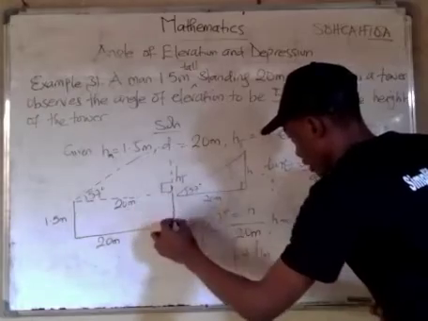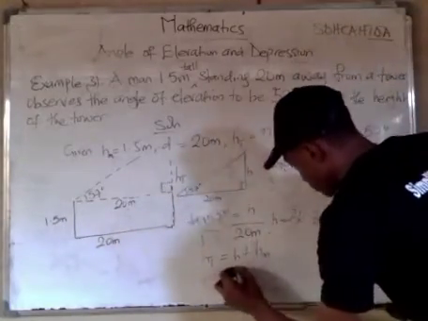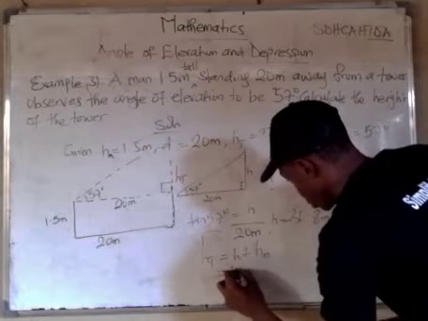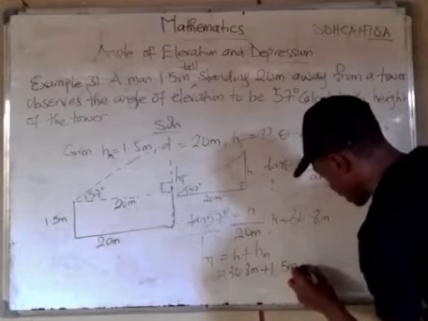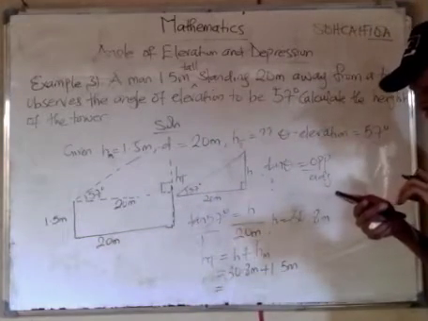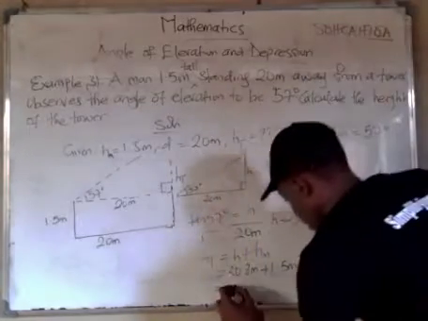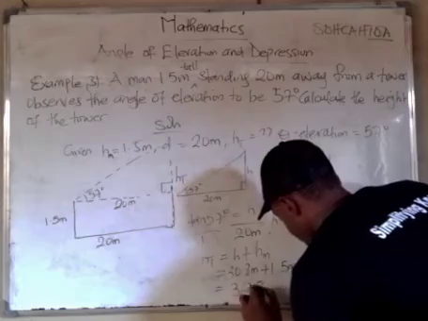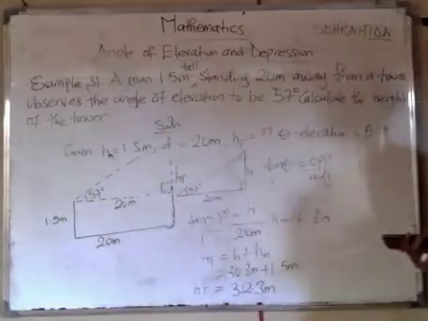Because this was the other part we neglected when we sketched out our right angle triangle, which is 30.8 meters plus what? 1.5 meters. So when you do that, 30.8 plus 1.5, we get 32.3 meters. So this is the height of the tower.